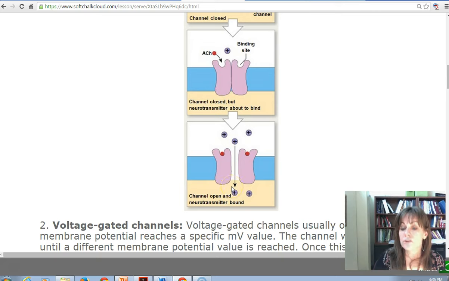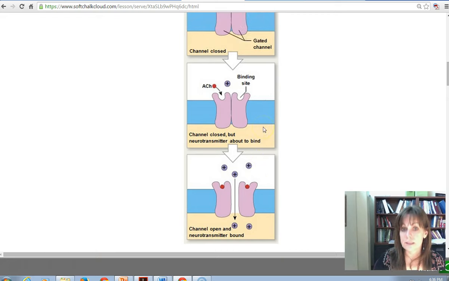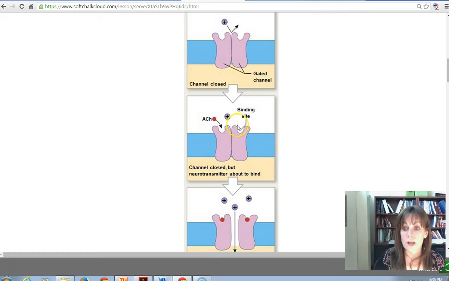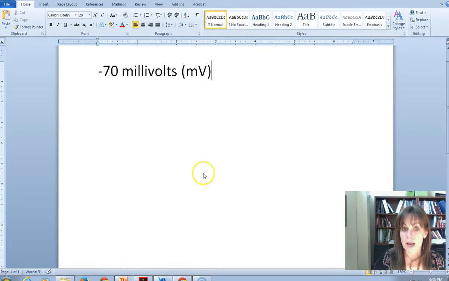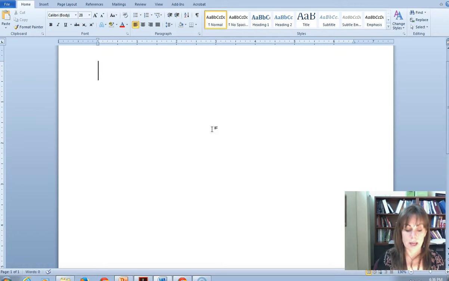Well, what controls the gate, whether it's open or closed? In this case, what controls the gate is this red thing right here. It's a chemical. If we look at the type of chemical, it is a neurotransmitter.